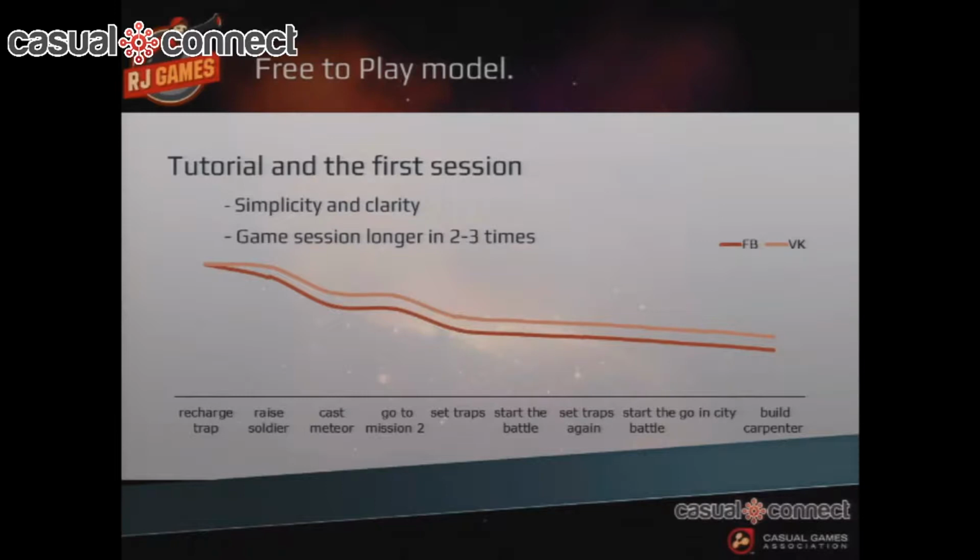And another interesting fact was tied to the first session after the tutorial. In Russia, the first session is about 2 or 3 minutes of play. So after 3 minutes, the player decides whether the game fits his needs or not. But on Facebook, players, as we saw, like to play from 10 to 15 minutes before making a decision.